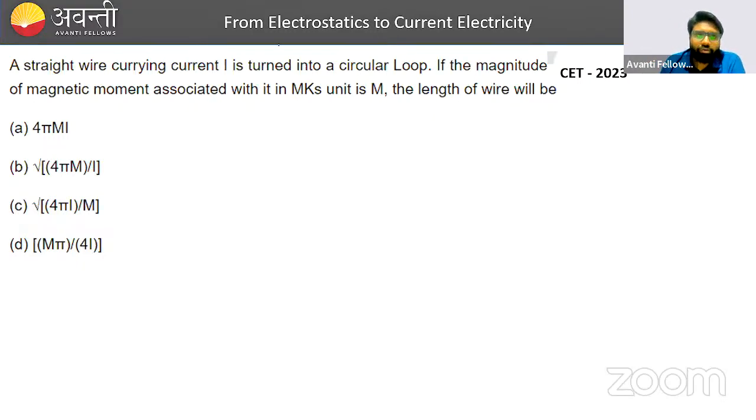So we know that a straight wire is turned into a circular loop. We can say that this is the wire and it is turned into a circular loop. Got it?